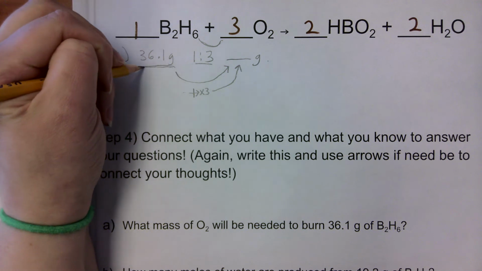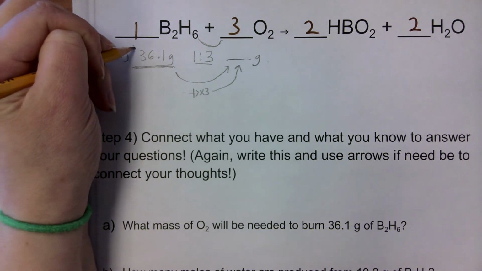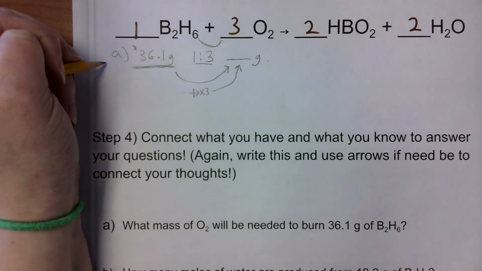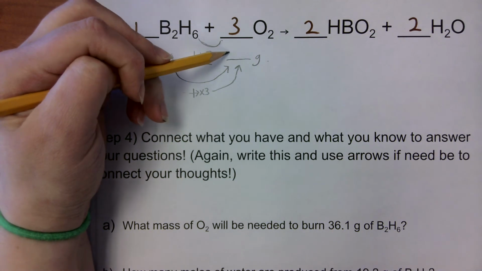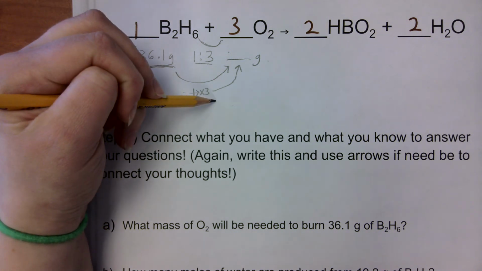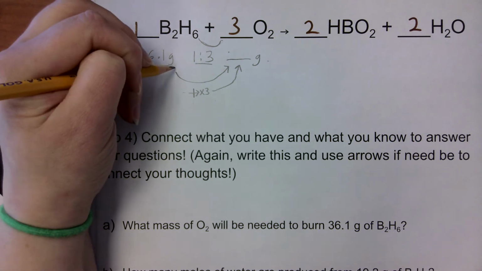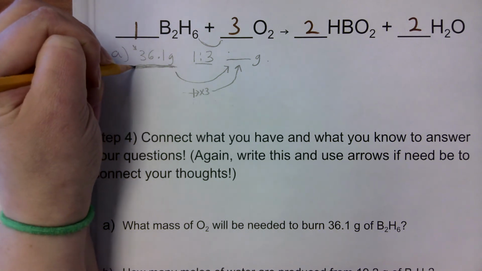So we need to look at this and figure out how many moles this is, and then equate it to the amount of moles, like times that mole by 3, so we get a proper ratio.